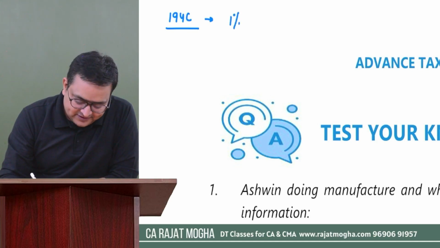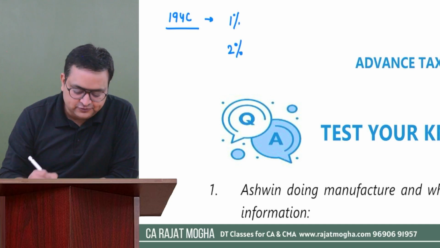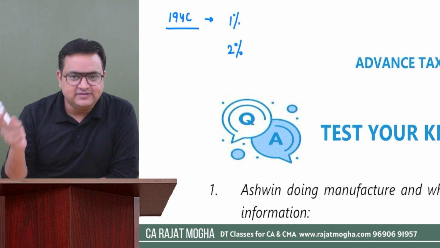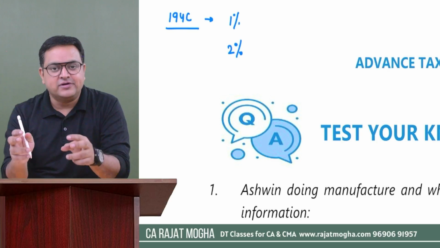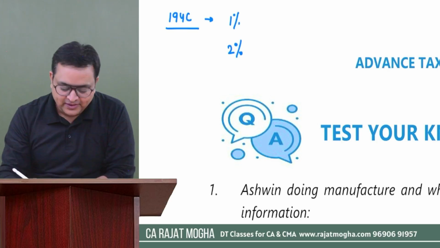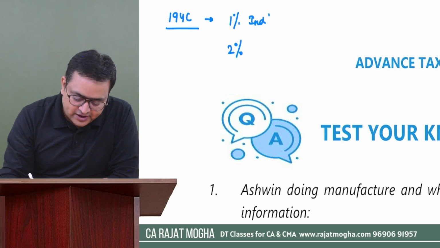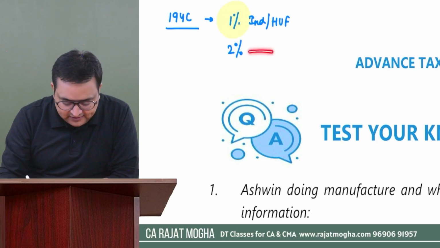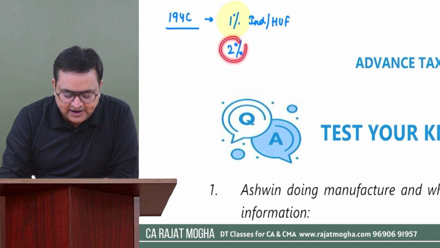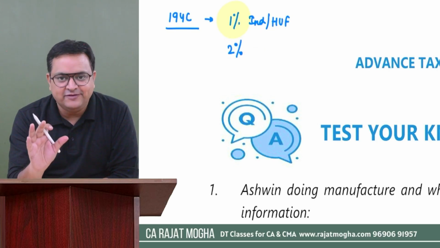It is 1% and it is also 2%. If the receiver, the payee, to whom we are paying, the contractor, is an individual or HUF, then we will apply 1% rate. In other cases, if this receiver is other than individual or HUF, then we will apply 2% rate. Clear with the rates of 194C?